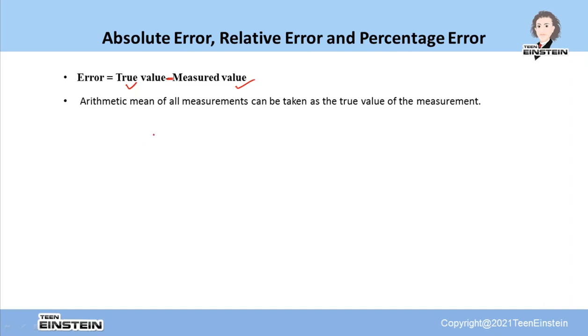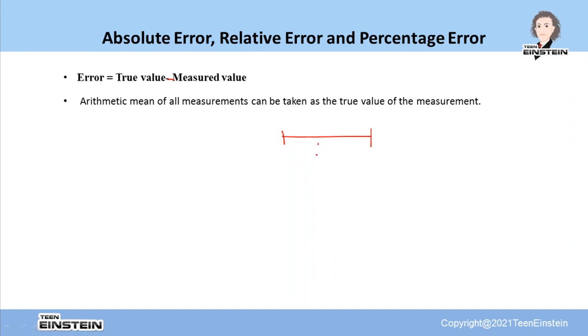Suppose I am measuring some quantity a. You can just think of the length of some object. I'll take length.